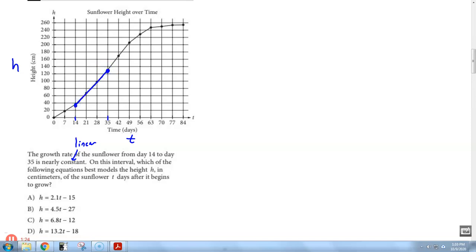I think the easiest way to do this is going to be to find the slope of this line. So I make a little table here with my time and my height, and I pick a time point. The time point at 14 days is, I got a big dot on there, so let's go in. I'm guessing, I don't know exactly. Hopefully, when I look at these slopes, they're all pretty far apart.